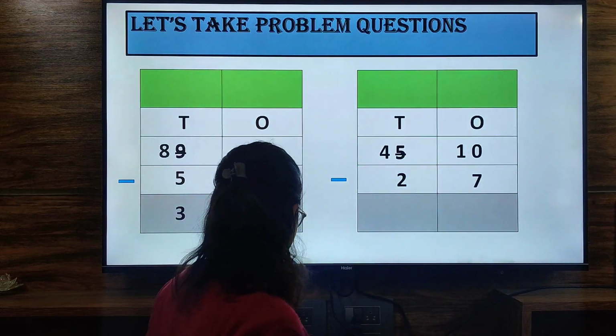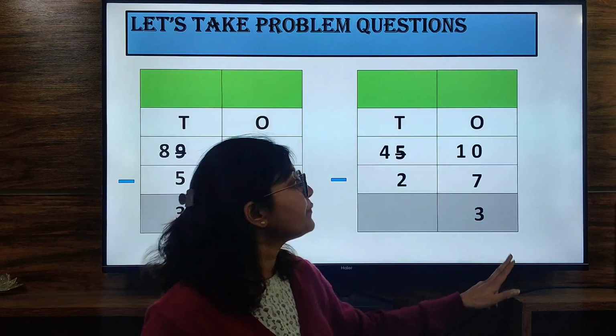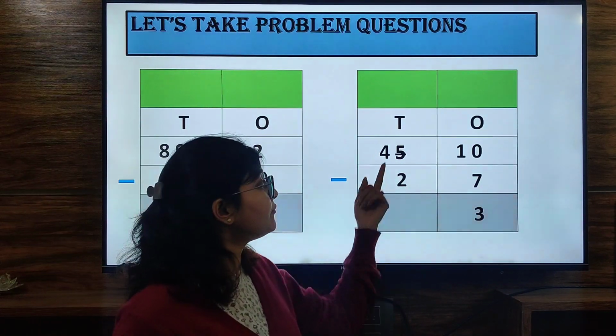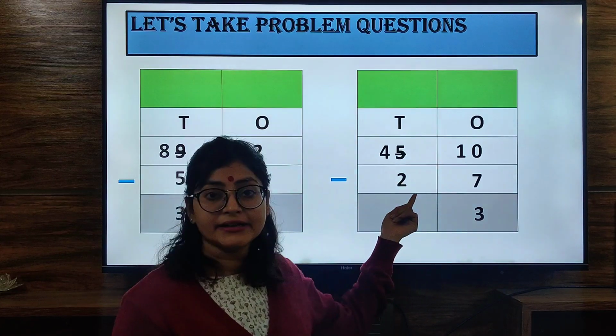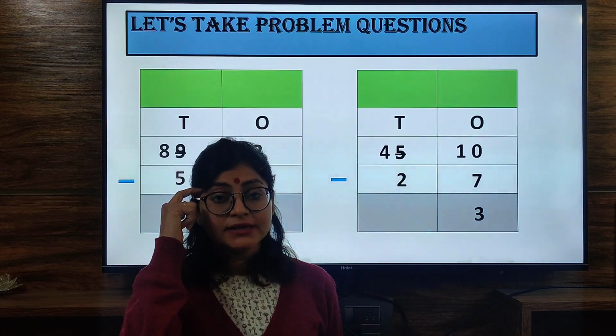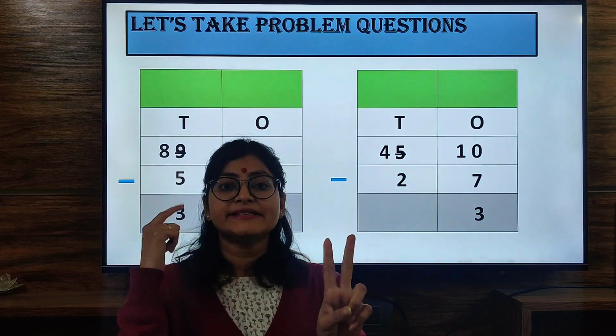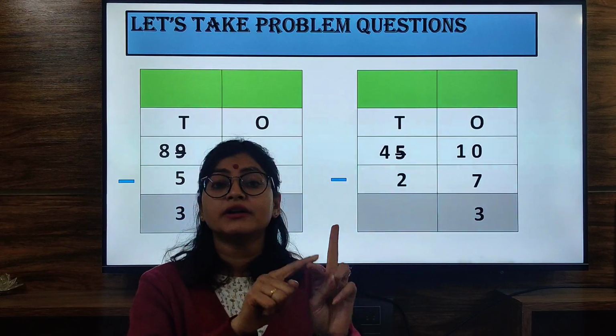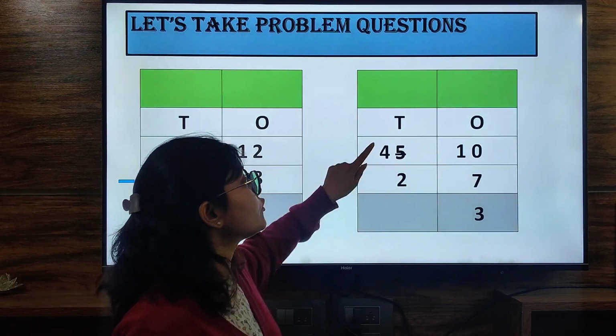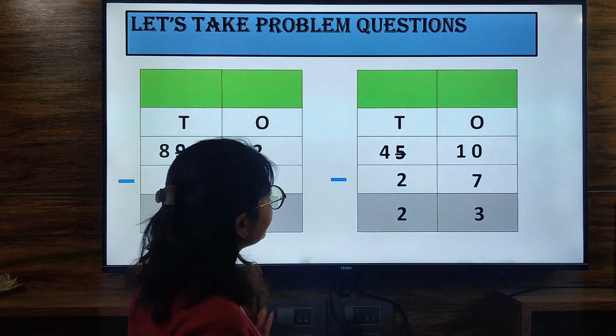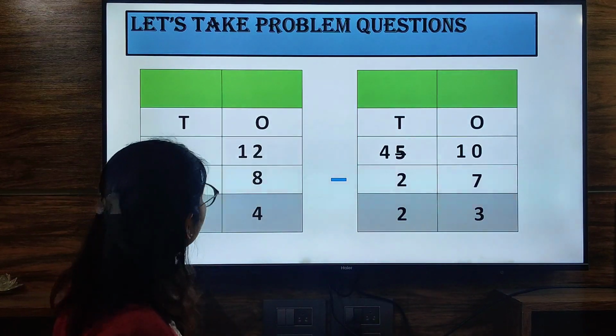So 10 minus 7 is 3. Now in the tens column I have 4 on top and 2 at the bottom. 4 in my mind and 2 on the fingers. I will start counting backward from 4: 3 and 2. So 4 minus 2 is 2. Let's take some more questions.